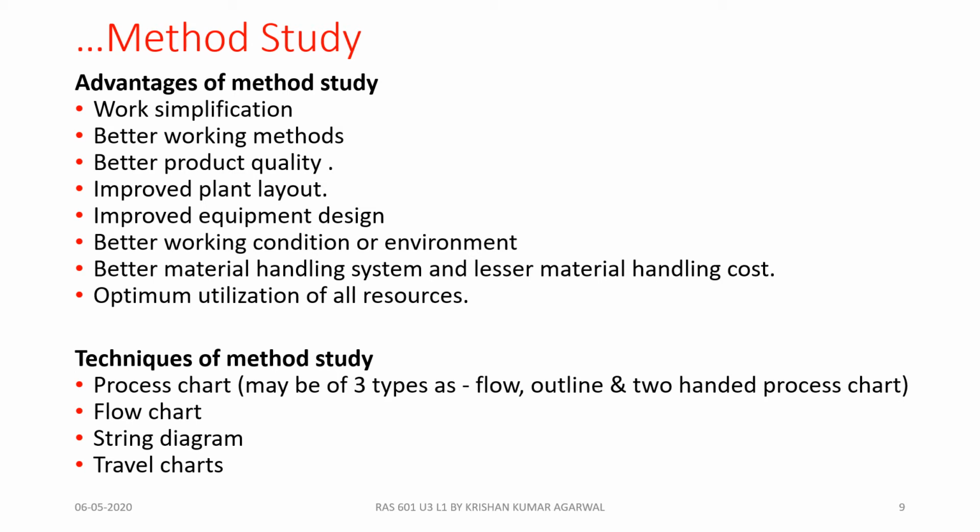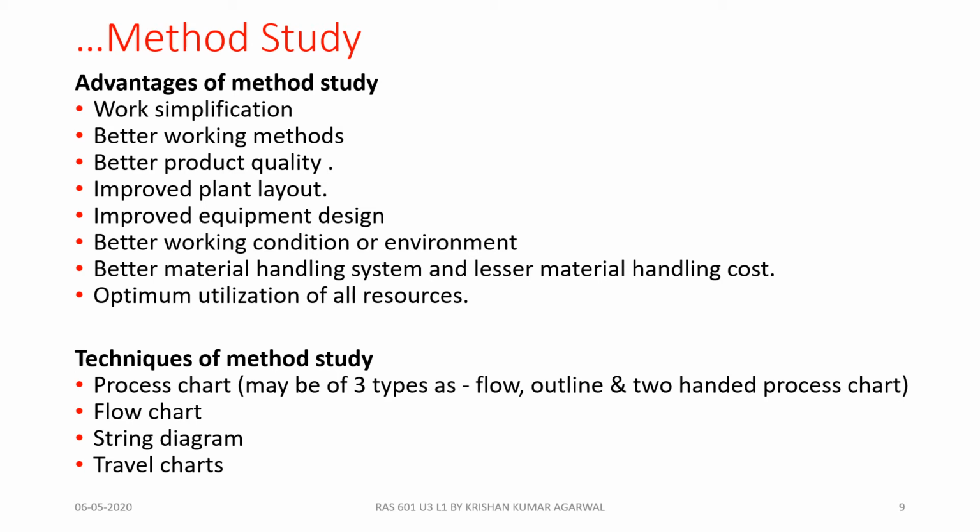The number of stages during the production can be taken into consideration, and by doing so there are a number of advantages that can be attained by using the method study. That is, the work can be simplified. If the complex structure is understood by the management properly, then it will help to reduce the complexity of the production process.